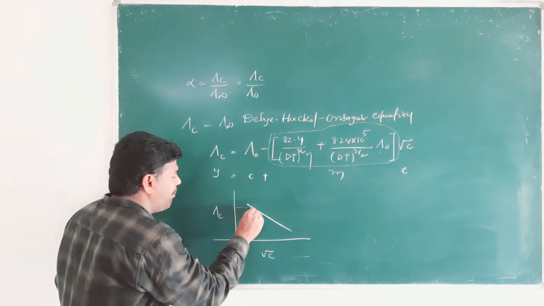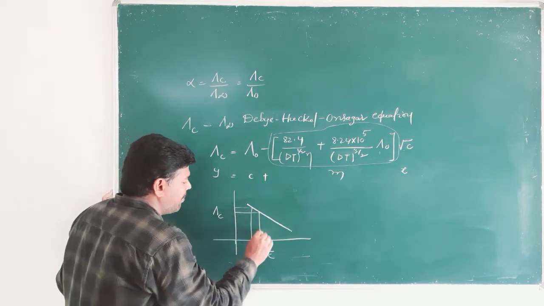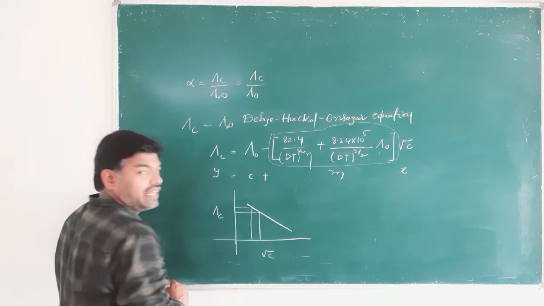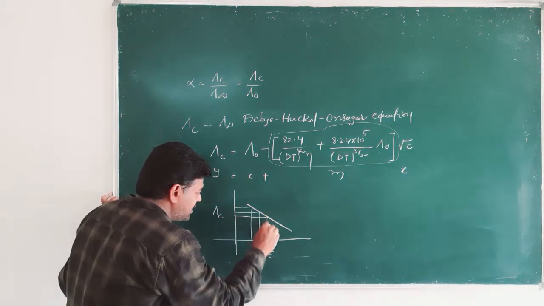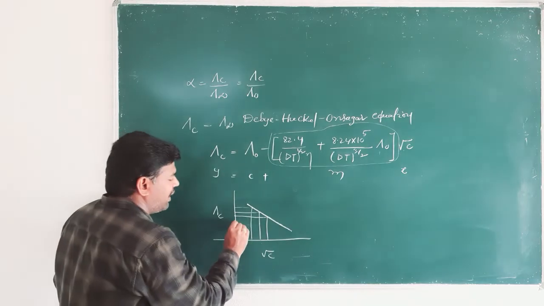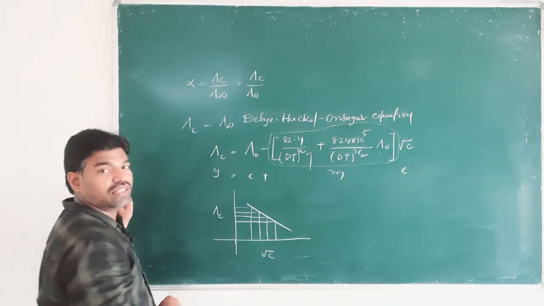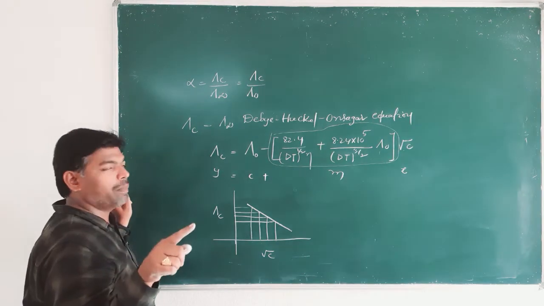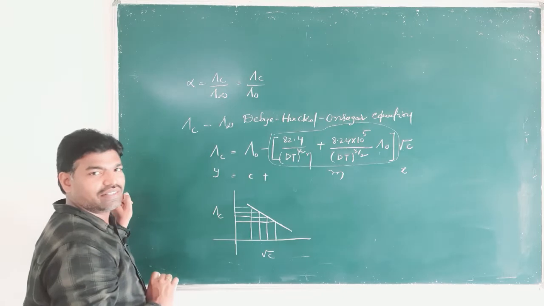Here lambda c decreases, whereas root c increases. If x increases, y decreases, so negative slope means y decreases as x increases, right?